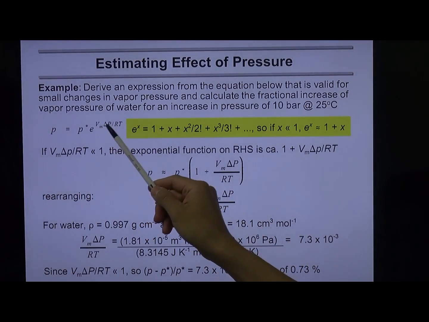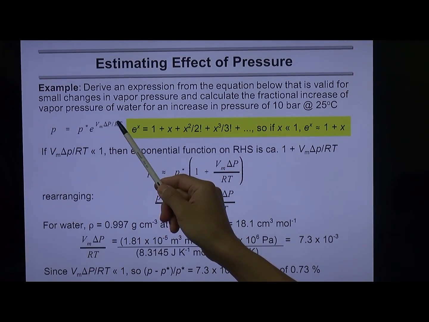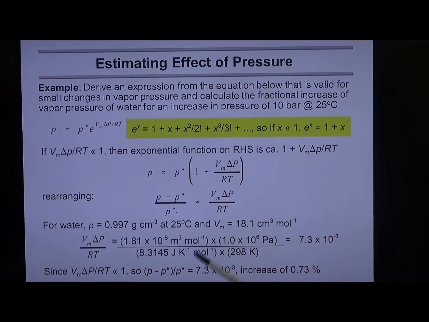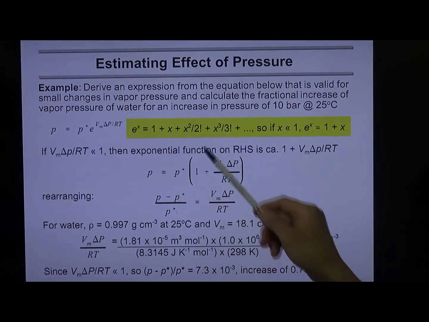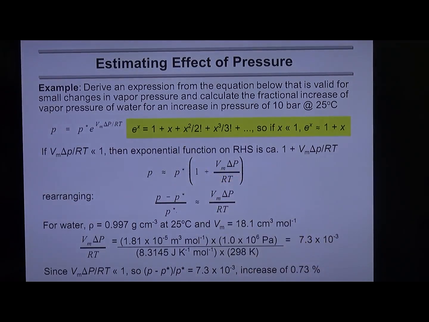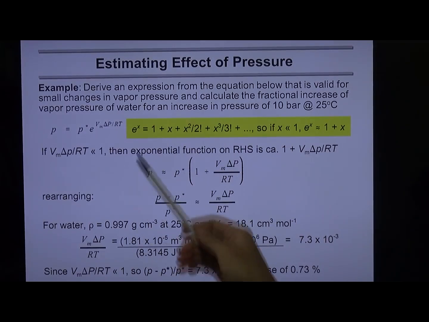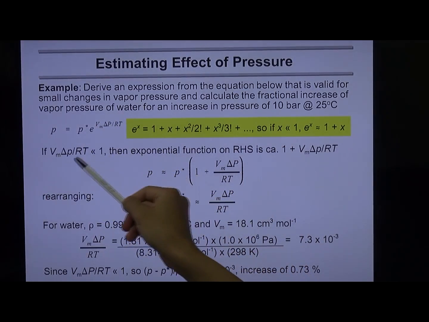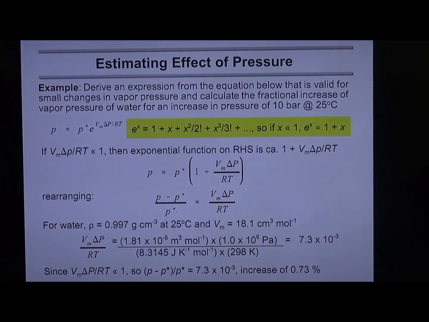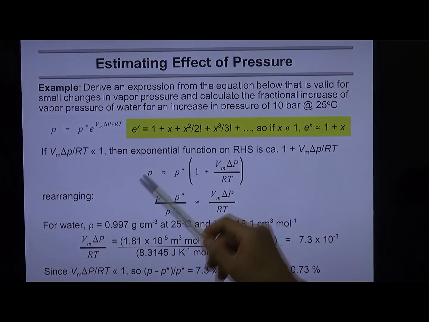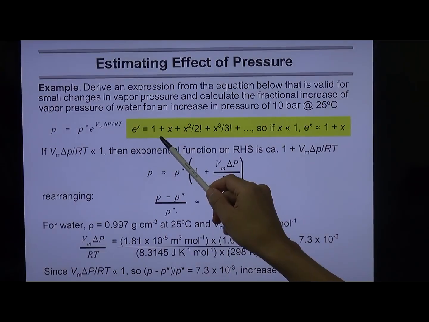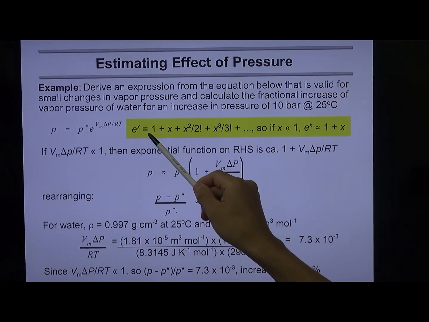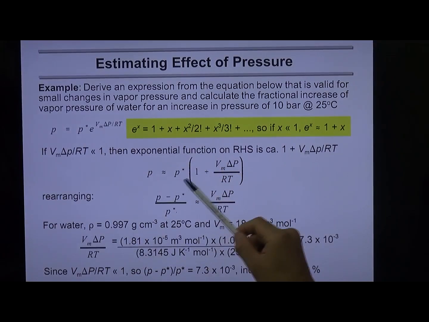And e to the x can be described as a Taylor series, right? Infinite series, if x is very small. Okay? So let's assume that x is very small. So this part is very small. Okay? We assume it. Then p would be approximately, this e to the x would be approximately 1 plus x, right? 1 plus x.